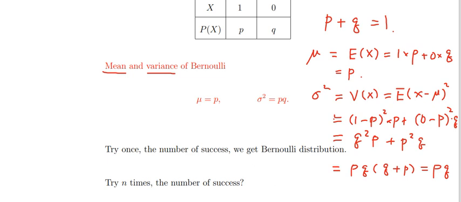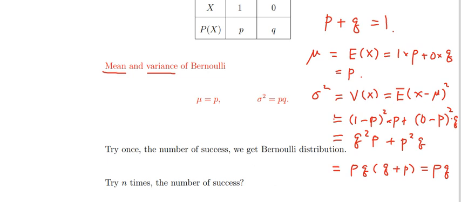For this 1-0 distribution, we can understand that x equals 1 is just something happening. Happening is 1, not happening is 0. Okay? So we can regard this as: if we try something, this thing is happening or not happening.